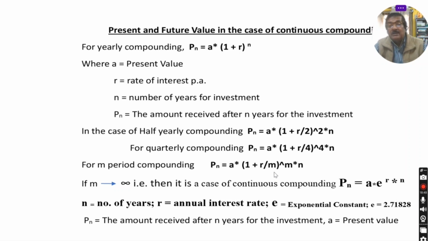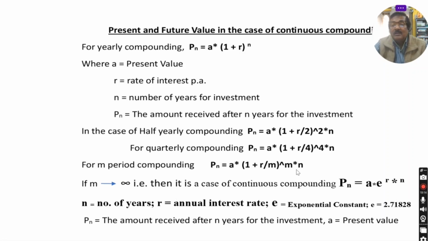Now, if M tends to infinity, that means the period is very small, like weekly, daily, hourly, like that. If M tends to infinity, it is as if compounding is continuous. It is a continuous compounding.